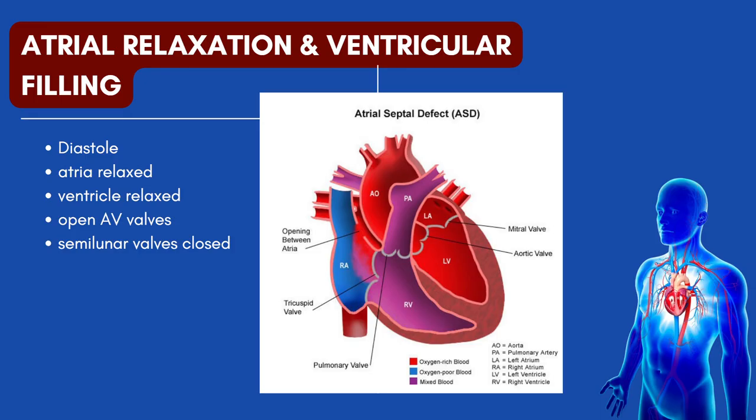The semilunar valves remain closed because the ventricular pressure is low, and most ventricular filling occurs during this first phase. So in this first phase, there is diastole, the atria and ventricles are relaxed, the AV valves are open, and the semilunar valves are closed.